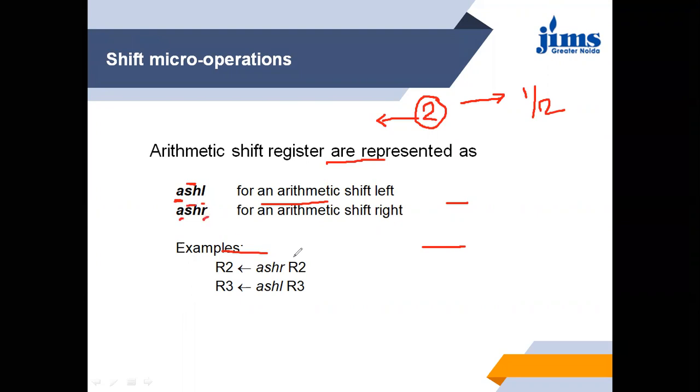So when we have to perform arithmetic shift right on R2, we will write ASHR, where AS is arithmetic shift, R means right. And this is arithmetic shift left. So come to the example based on this.